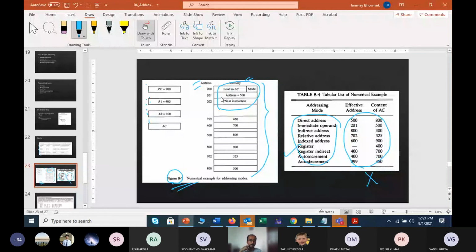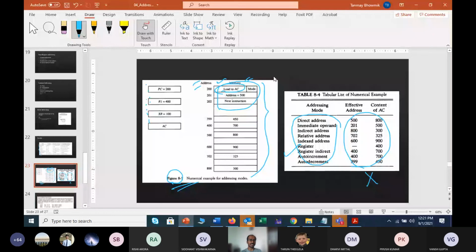Any idea? Load to AC is the instruction, right? Load to AC is the instruction, and parallelly the mode is there.